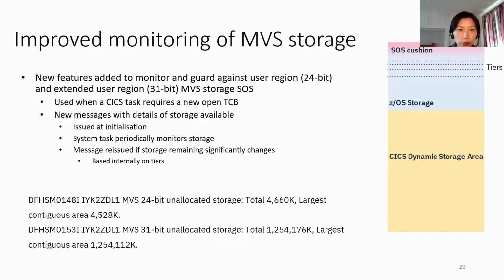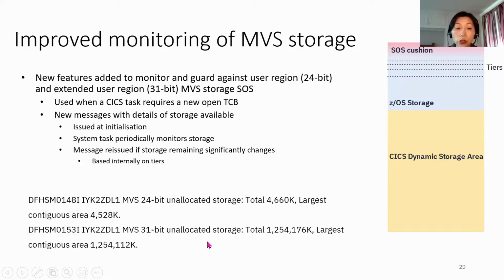So we've introduced monitoring over this z/OS storage, and the monitoring works through tiers. As the storage usage gets closer to the top of the usage of this part, we will emit messages. For example, you will see new messages issued at CICS initialization time, and a system task will check the storage periodically. Here are two messages, one for 24-bit and one for 31-bit.